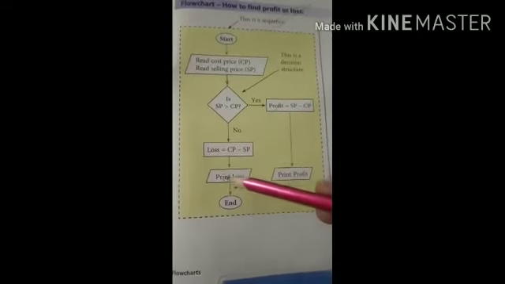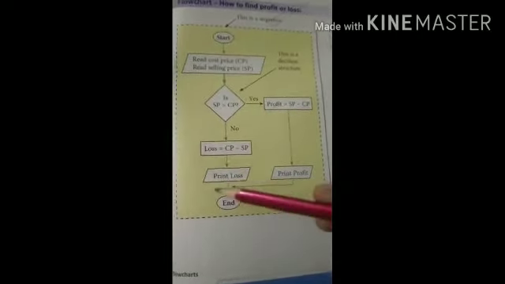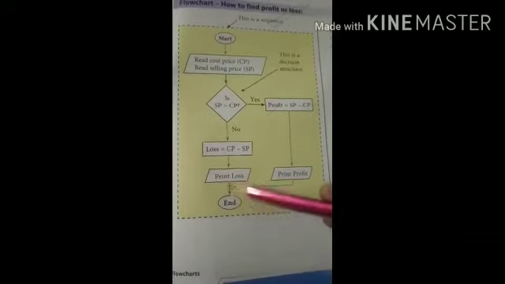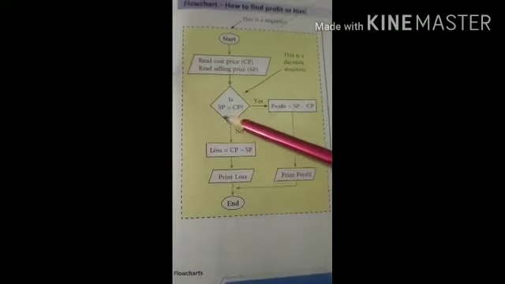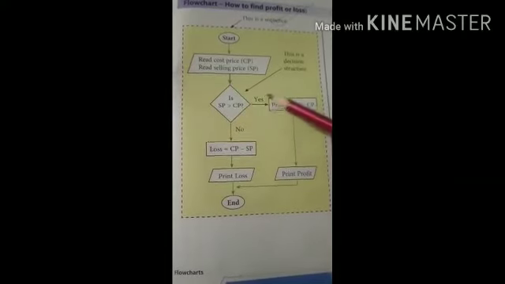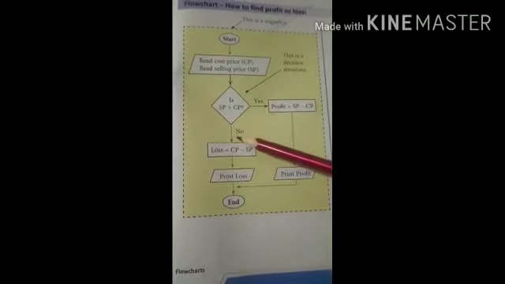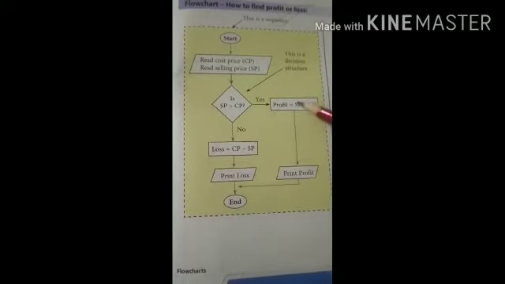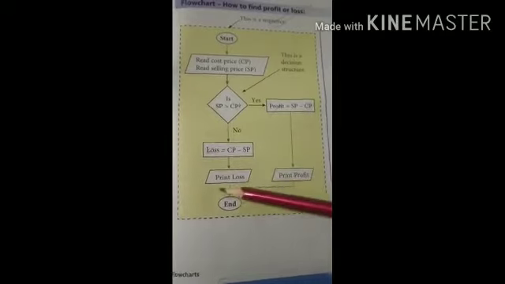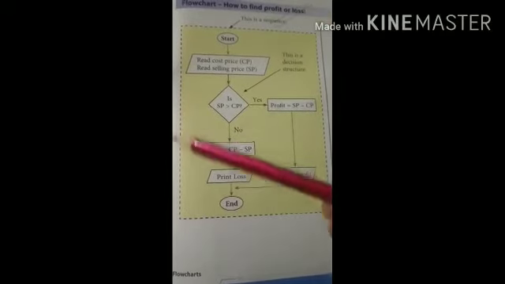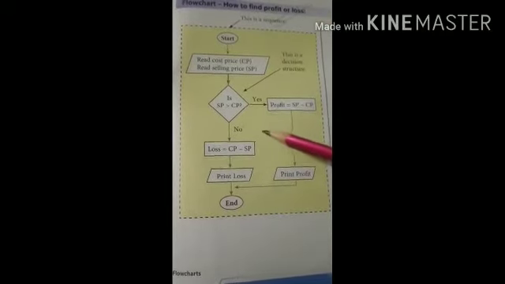Otherwise, it will print loss. Then it will end the flowchart. So this is the input part. This is the decision part. The decision will be in the form of either yes or no. After that, the processing part will take place. After processing, then output and then end. So this is how you're going to find profit or loss.